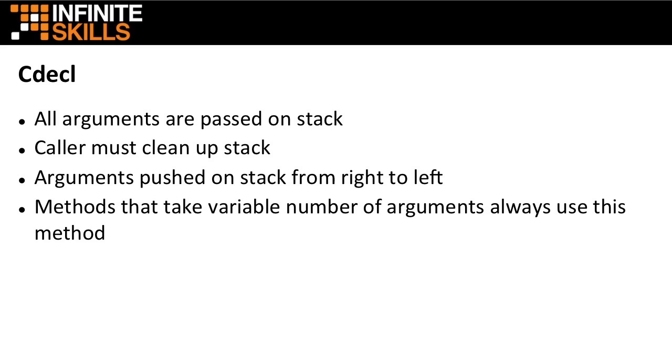This is the method that you must use. And the reason for this is pretty simple. If you are putting a variable number of arguments on the stack, the function that you're calling has no idea how much space to free when the function is done.